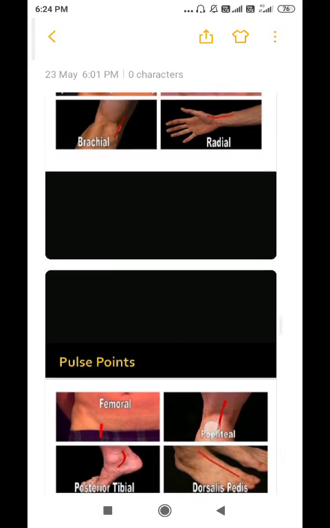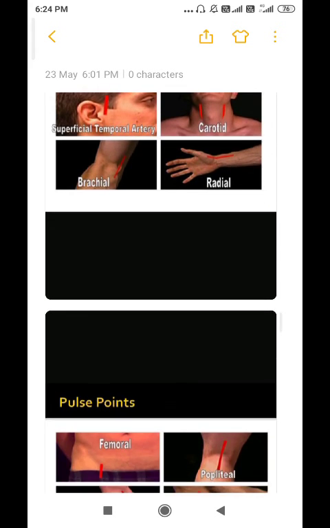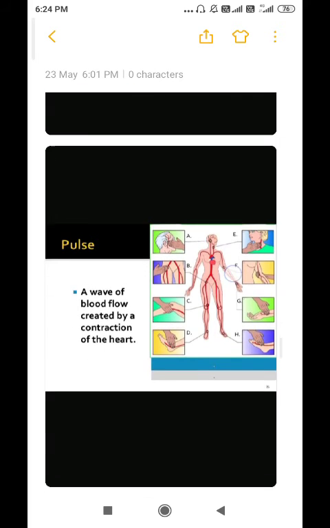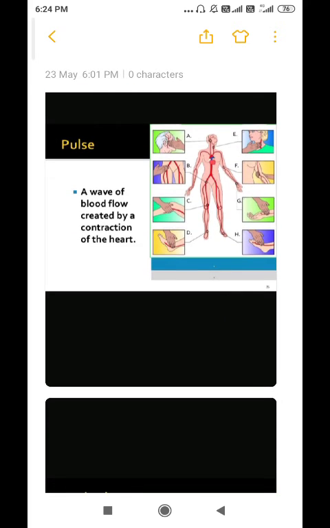Okay, these are the pulse sites. And pulse is a wave of blood flow created by a contraction of the heart. Okay, see the pictures.